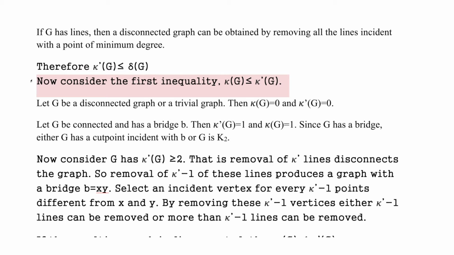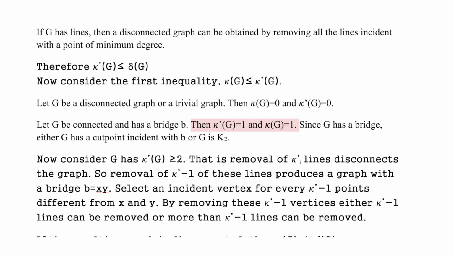Now consider the first inequality. We are going to prove that the connectivity, kappa of G, is less than or equal to kappa dashed of G. Let G be a disconnected graph or a trivial graph. Then kappa of G is equal to 0 and the edge connectivity is also equal to 0. The inequality is verified here. Let me take a connected graph, and let G be connected and have a bridge B, which means the edge connectivity is 1.